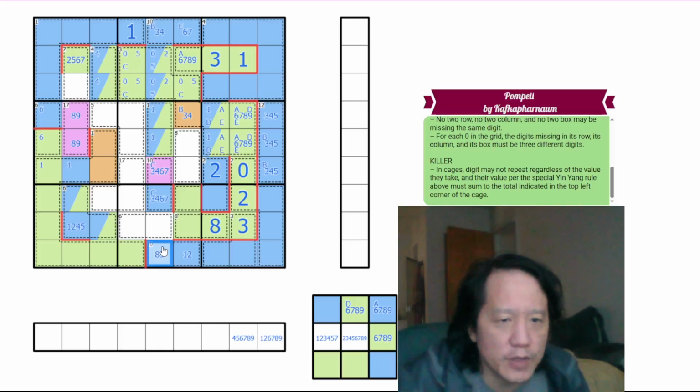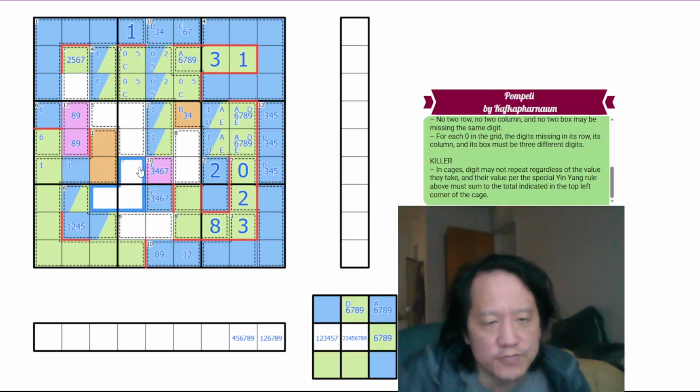Can we ever have these as valid cells? So green is 0 here and here. So if these are three different valid cells, this would be blue, blue. This would have to be pink. So then this would have to be green as the valid cells here, which would make this blue.